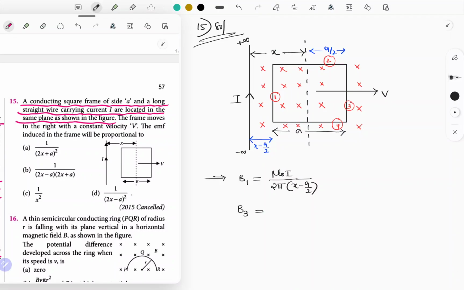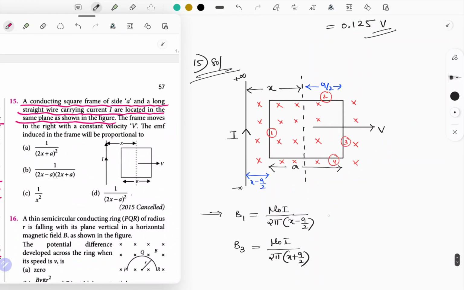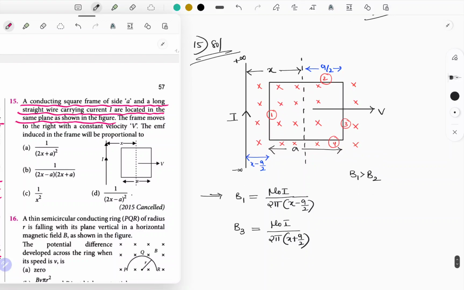B2 and B4 are the same, so equal force will act on them, so there is no change in flux linkages, no need to consider that. B3 is equal to mu naught I by 2 pi into x plus a by 2. So you have to decide which is greater, which is lesser. Definitely B1 is greater than B3, right? As from the current carrying conductor, magnetic field always decreases.